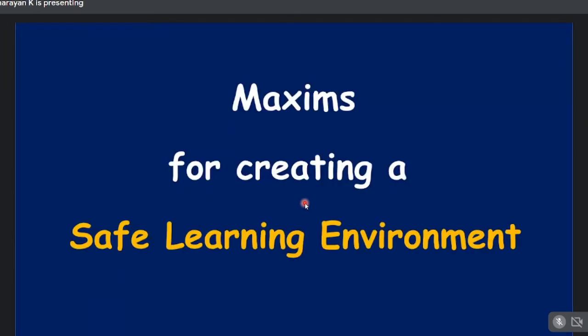I'm going to share with you certain principles, certain guidelines, certain norms which govern the safe learning environment and what we can do to make it happen. So I call these maxims. Maxims are nothing but rules.